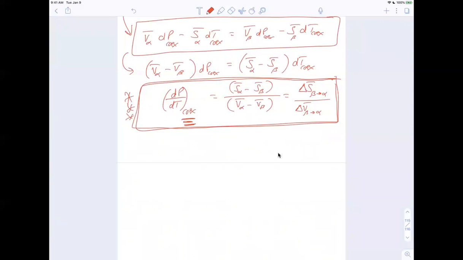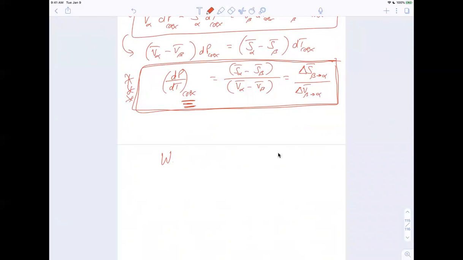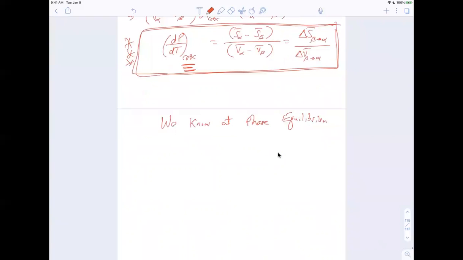So at phase equilibrium, let's say here's phase alpha and here's phase beta, and here's a molecule in phase alpha, and here's the same molecule in phase beta.